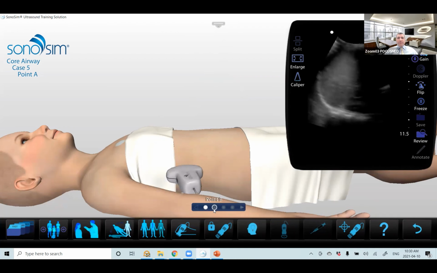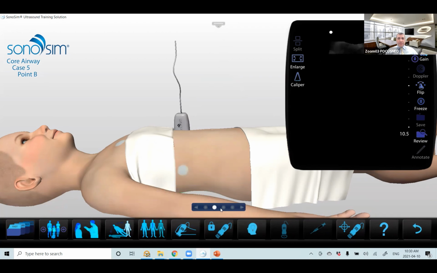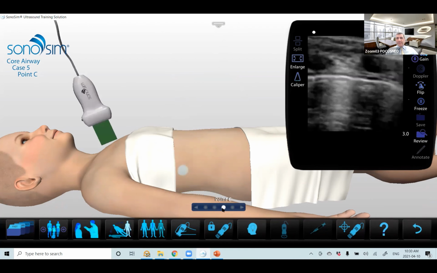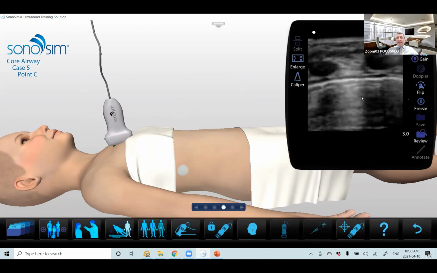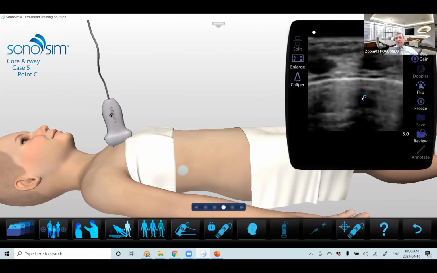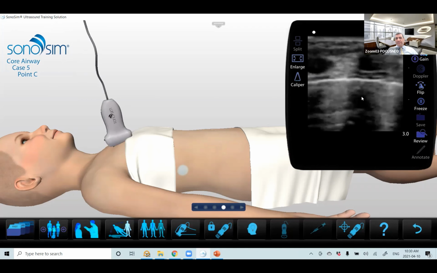If you put the probe over the chest, just over the anterior part of the lung, you will see the sliding. The only limitation of that is that if there is pneumothorax, you will not see the sliding. But can you see sliding clear? Breathing with the sliding on the right side and also left side.